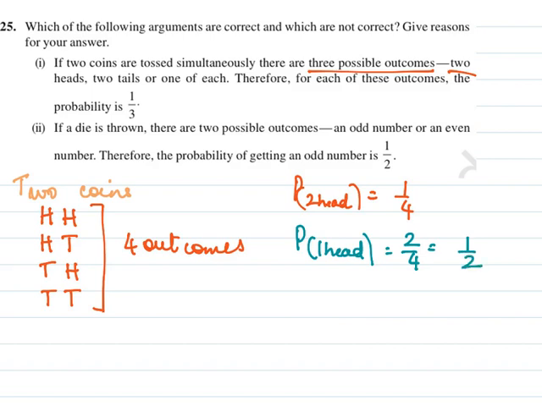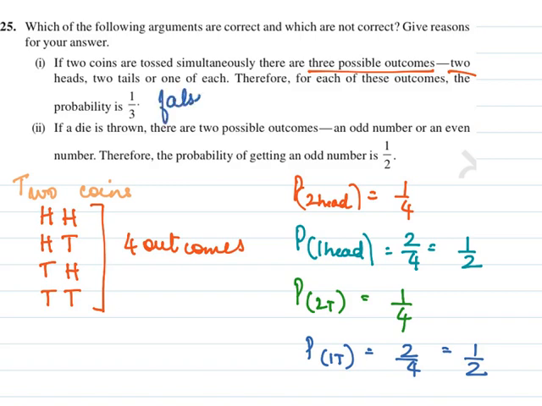The probability of getting 2 tails, here there is only 1 possibility. The probability of getting 2 tails is 1 by 4. And the probability of getting 1 tail, here's 1 tail, here's 1 tail. So probability of getting 1 tail is 2 by 4, that is 1 by 2. So this is false.